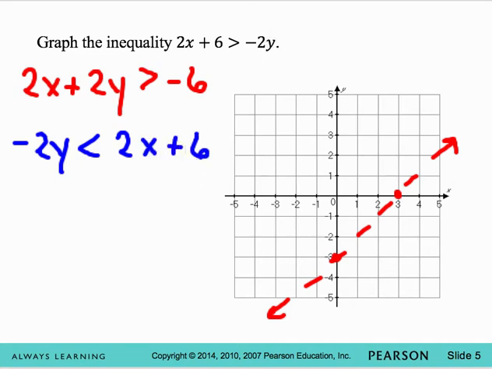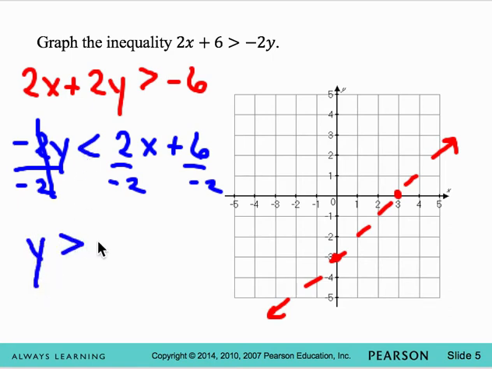So I flipped it around, but that means the sign has to flip. Now if I'm solving for y, I'm going to divide by -2. But remember, when you have an inequality sign and you divide by a negative, you have to change the sign of the inequality.